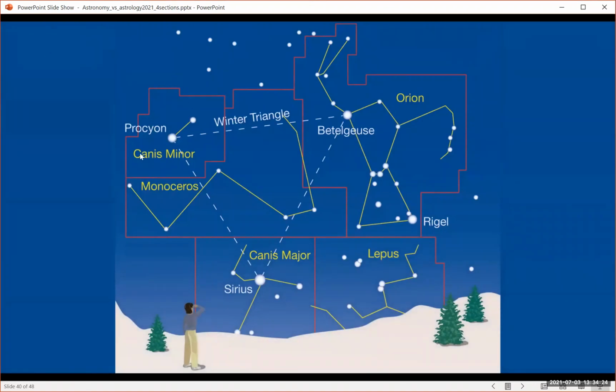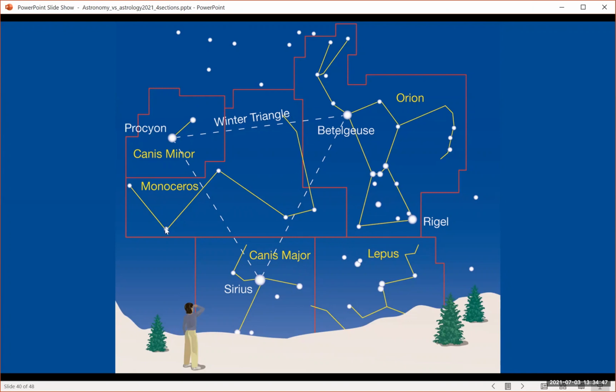So this is just taking a little less confusing look, because that globe version is a little bit difficult to concentrate on. So here we've got Orion again. You can see the boundary's been made so that it gets all of the arm holding the club and all of that. Here we've got Canis Major. Here we've got Monoceros.